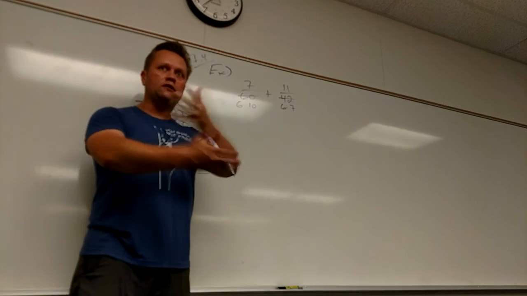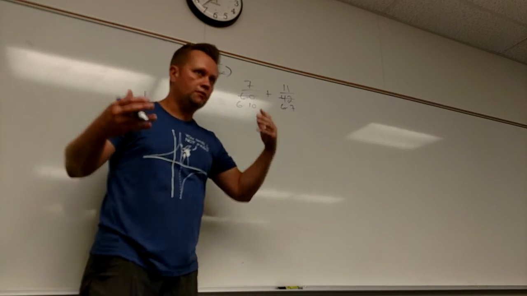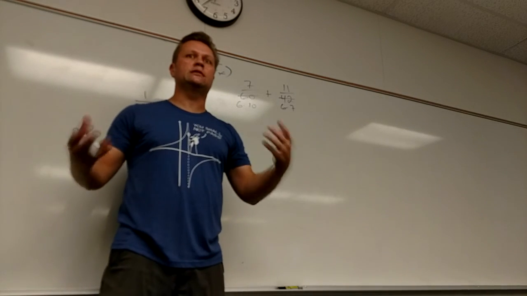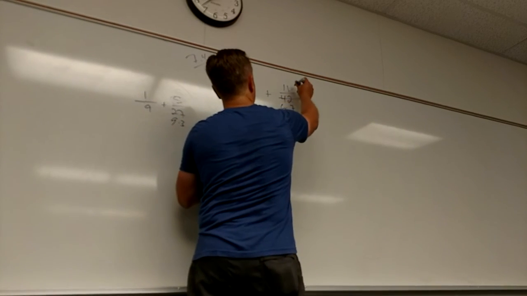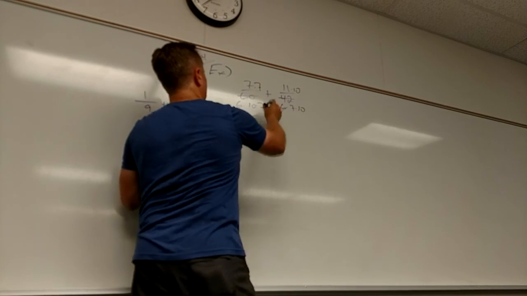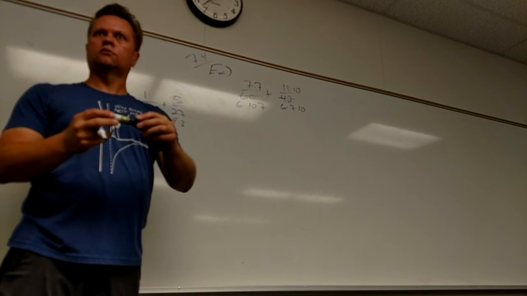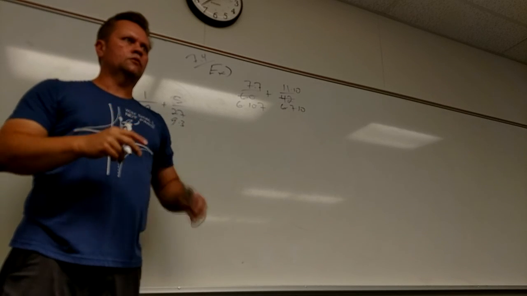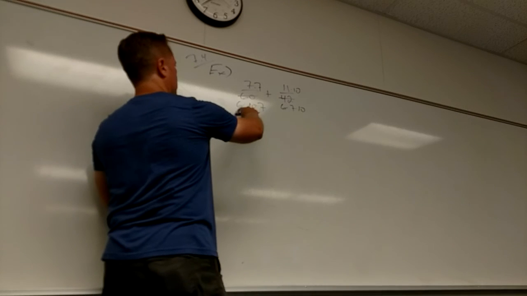So you give each of them what they're missing relative to the other one, and they end up with the same thing, which is the whole point of LCD, to make the bottoms the same. So if you give this guy a 10, and you give this guy a 7, don't they both have 6 times 10 times 7? I didn't do this on purpose, but what's 6 times 10 times 7?